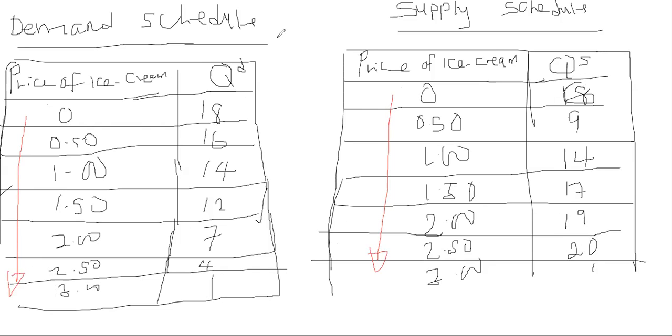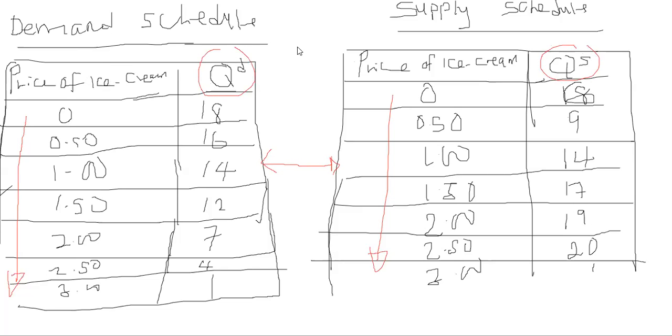So when we talked about equilibrium in the market, this is a demand schedule which represents the behavior of buyers. This is a supply schedule which represents the behavior of the sellers. So they are interacting. When we talk about equilibrium, we want to look at a point whereby quantity supplied is equal to quantity demanded.